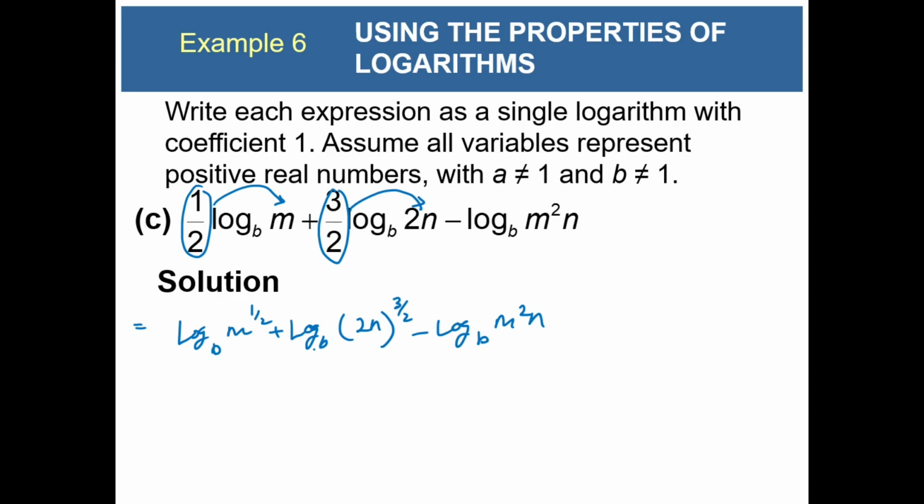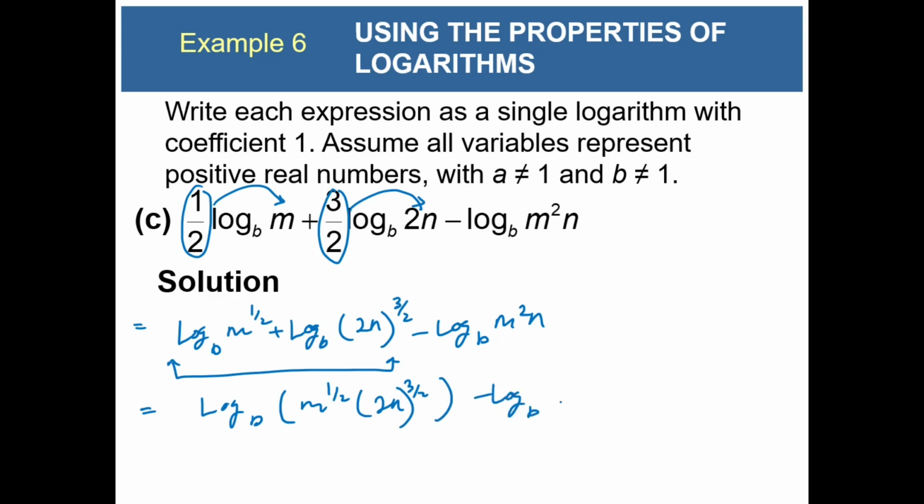Now let's use the product rule for the first expression. This is equivalent to log base b of m to the 1/2 multiplied by 2n to the 3 over 2, minus log base b of m squared n.